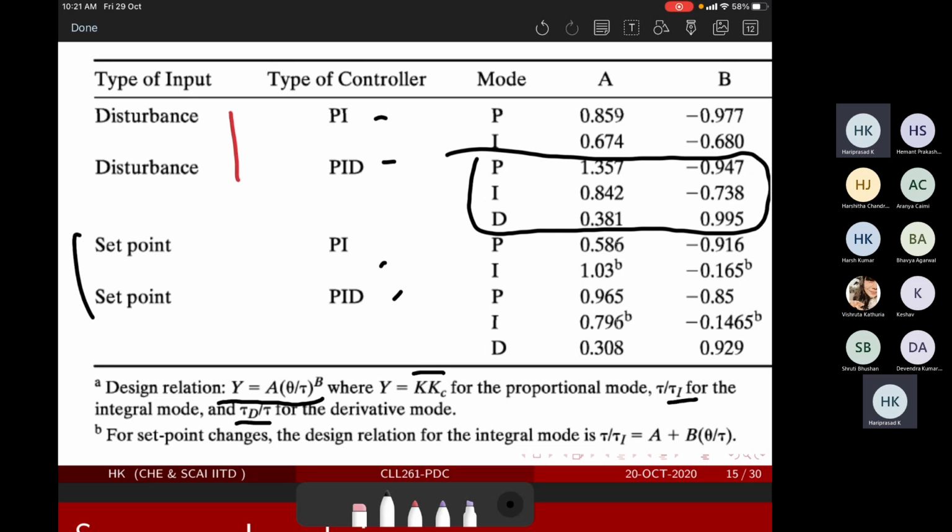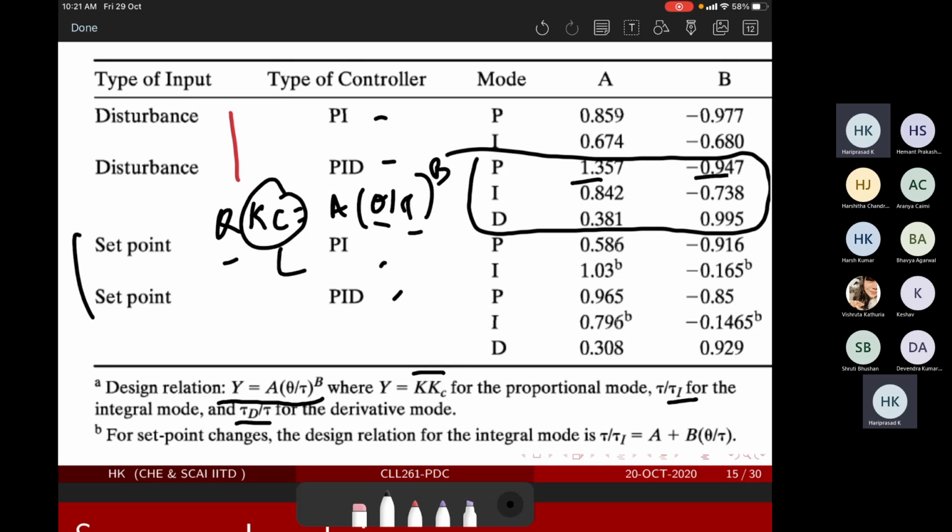Let's say you want to develop a PI controller and get the Kc out of it. It would be K Kc equal to A times (theta by tau) to the power B. Theta and tau you will get from your process, and you take A and B for P and substitute them over here, and you also know your K from the process. You isolate and get your Kc back.